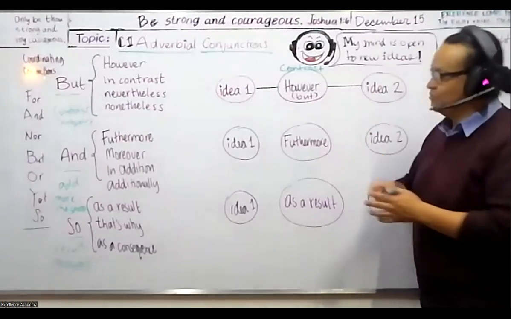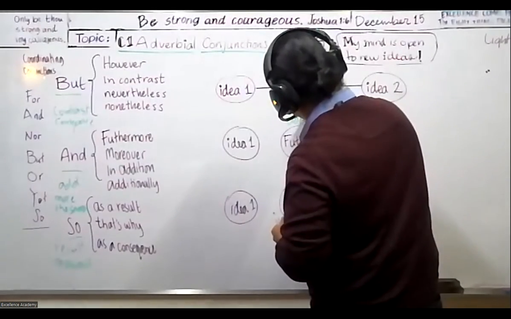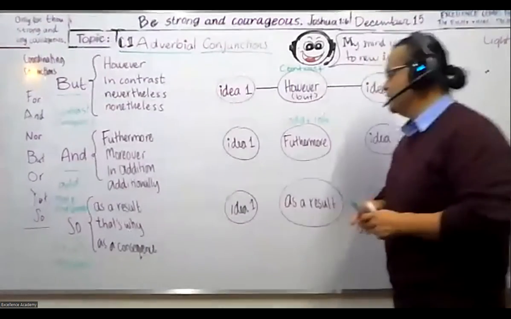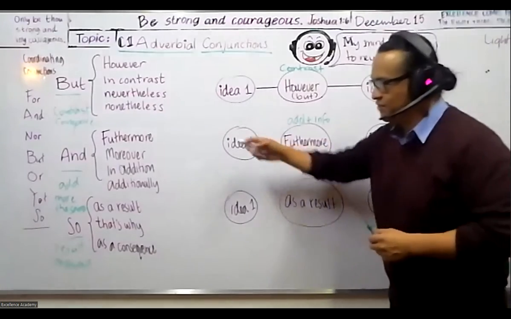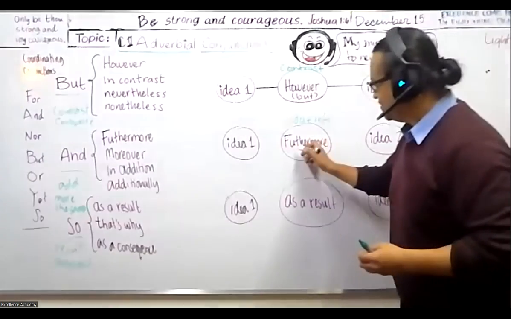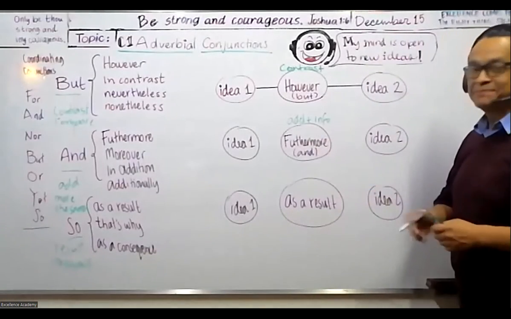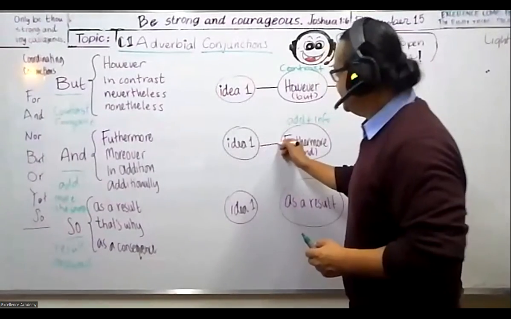Let's move on now to adding more of the same. So I'm adding, right, more info, more of the same information. So let's take furthermore as an example. Remember that furthermore stems from the conjunction and. This is where it stems from. So we're starting with one idea, right?